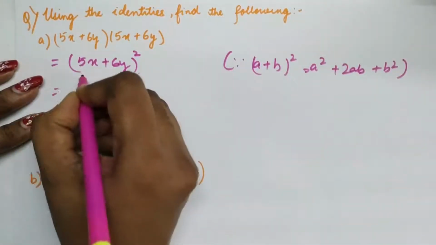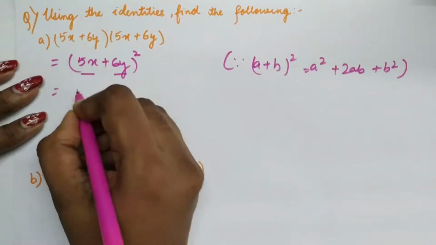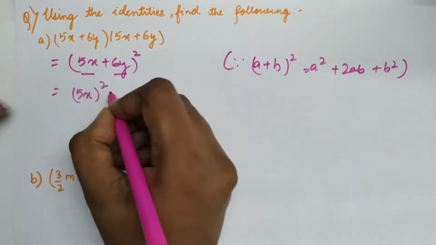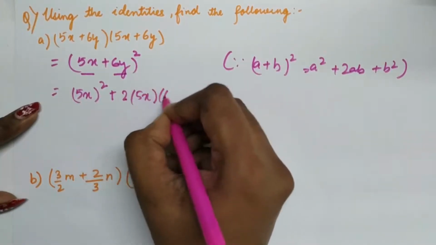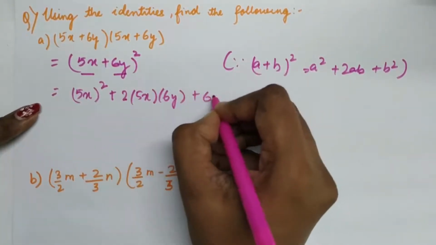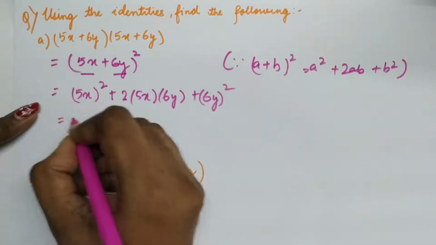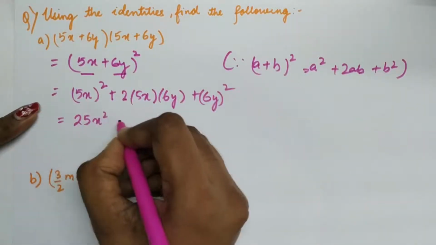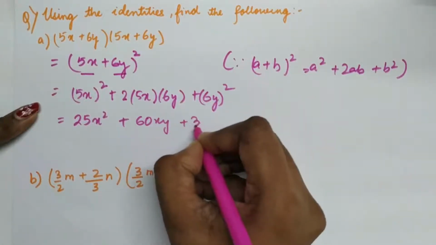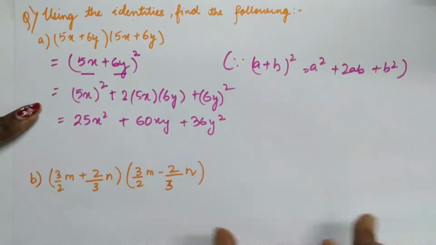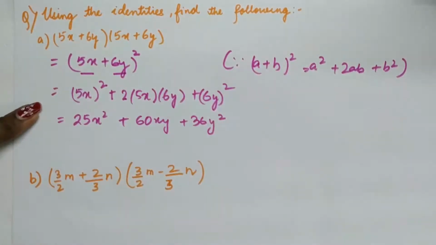So using this, now this becomes a and this becomes b. So I do (5x) whole square plus 2 into a into b plus b whole square. So my answer will be 25x square plus 60xy plus 36y square. So using identity, we have to solve it.